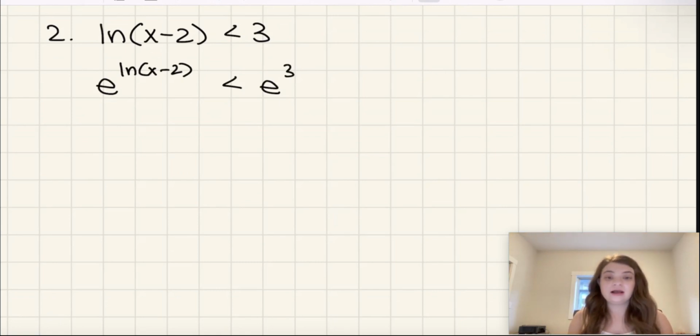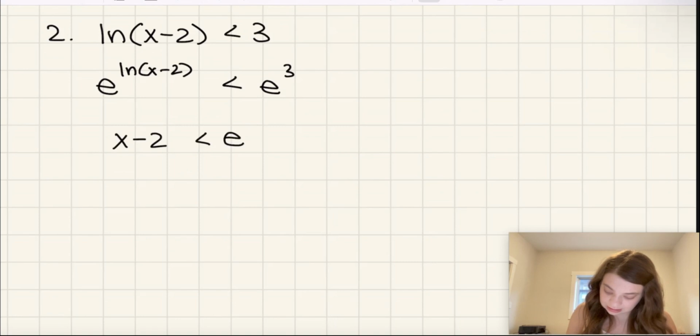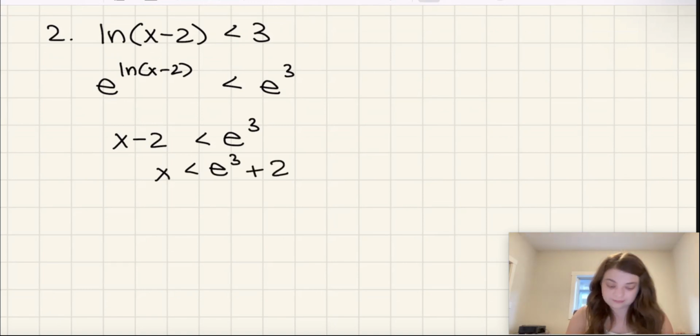Then ln and e cancel each other out, and we end up with x minus 2 is less than e cubed, and then we can add 2 to both sides. Once we do that, we get that x is less than e cubed plus 2.